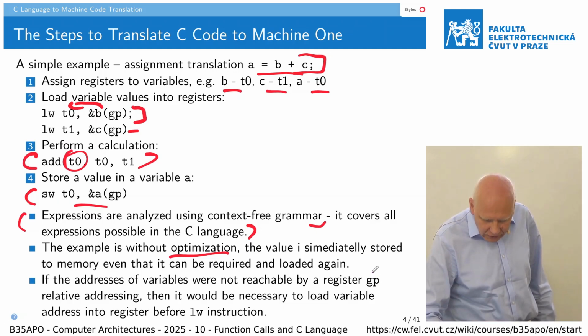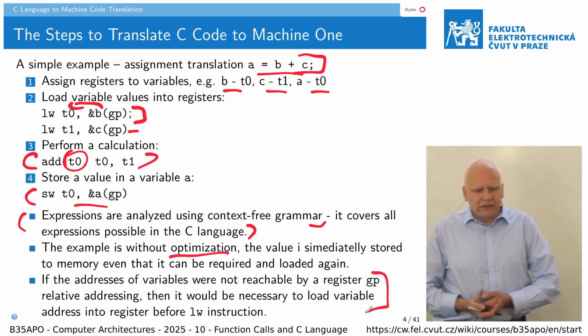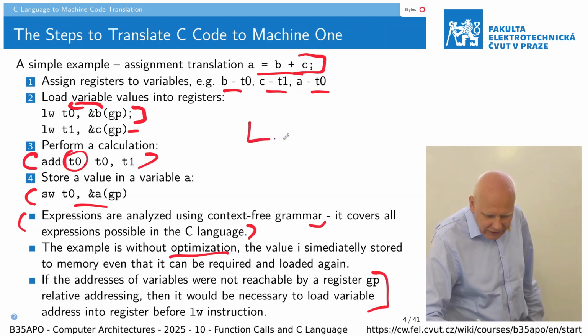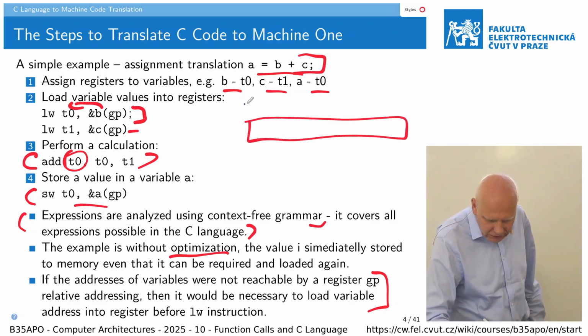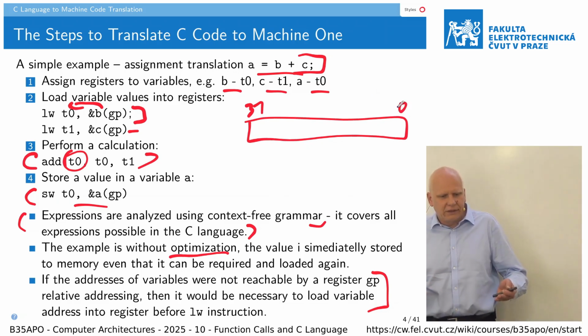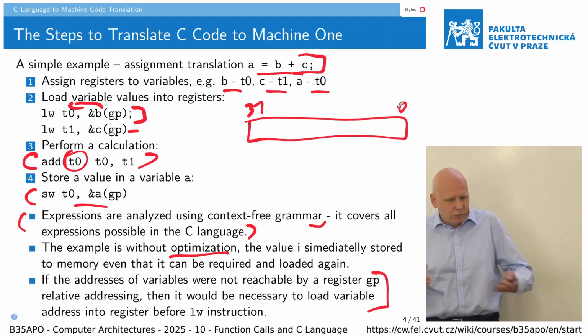And for the RISC-V architecture, we have seen that we basically cannot encode into the 32-bit instruction the 32-bit address to the memory.